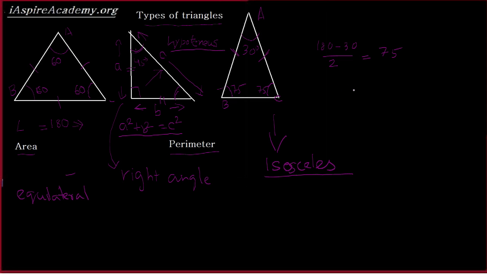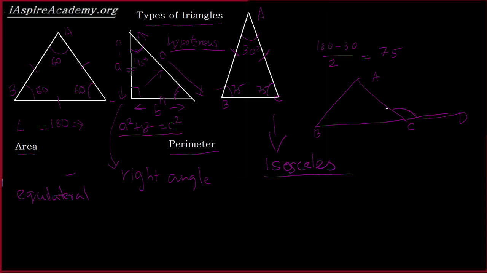One other thing that comes to my mind is the exterior angle, so let me mention it quickly. Let's say we have a triangle ABC, and let's say this is D. If you extend this side, the angle formed is called an exterior angle.